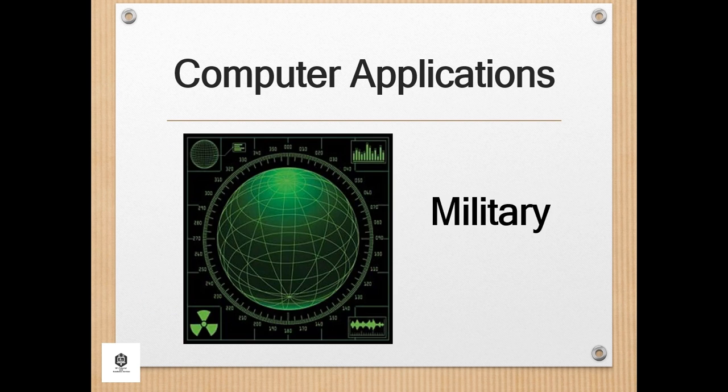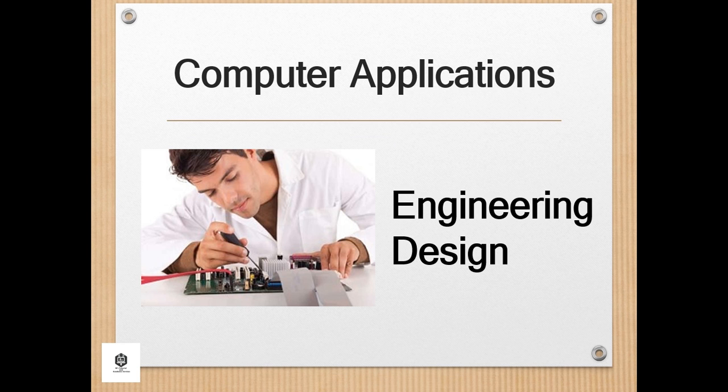Next, for engineering design. Computers are widely used for engineering purposes. One of the major areas is CAD or computer-aided design that provides creation and modification of images. Some of the fields are structural engineering, requires stress and strain analysis for design of ships, buildings, budgets, airplanes.